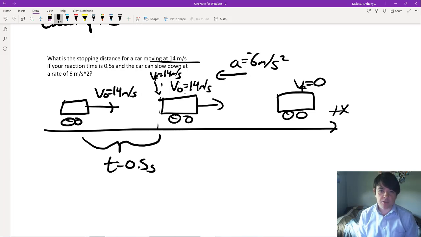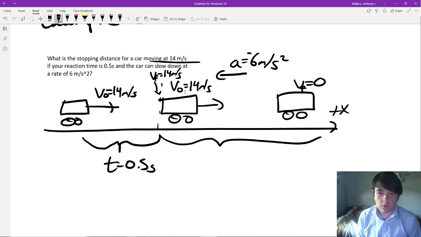So we've got two situations is what I'm saying, two different time intervals. Where V initial at this state is 14 meters per second. We're traveling along. At 0.5, our V final here is 14 meters per second. Then we kickstart a new section where V initial is 14 meters per second still. Then it goes into 0.